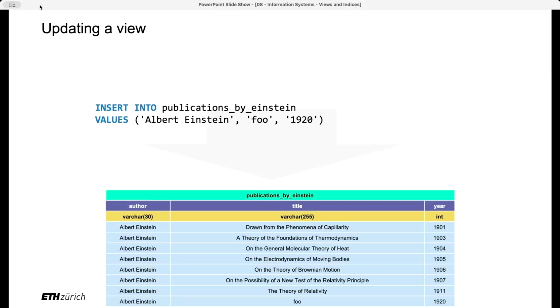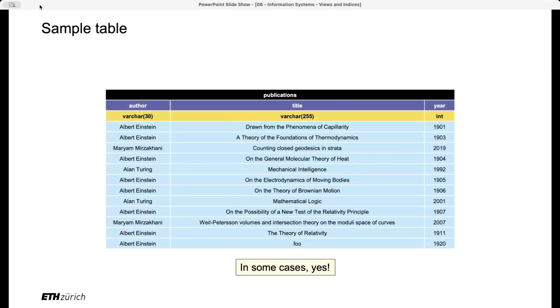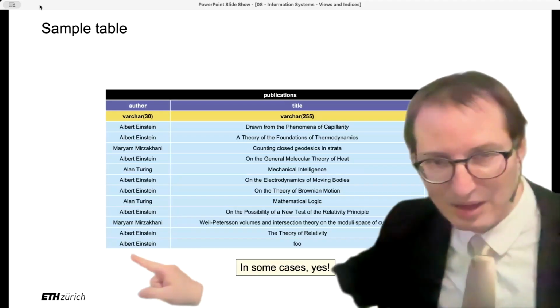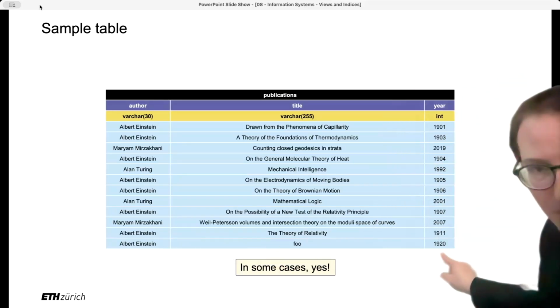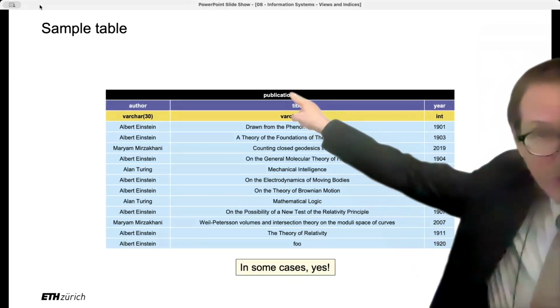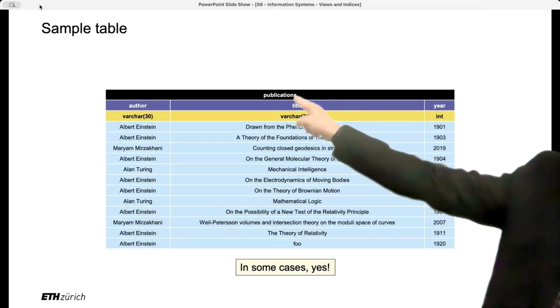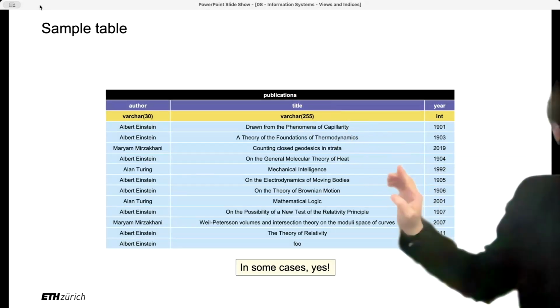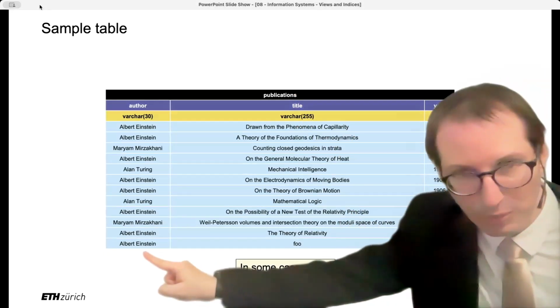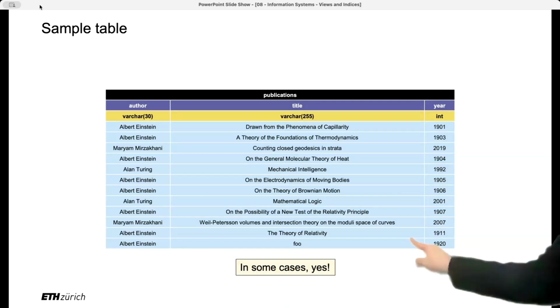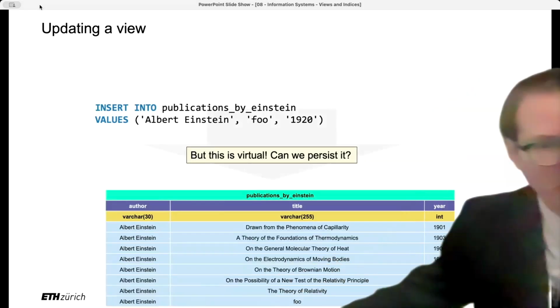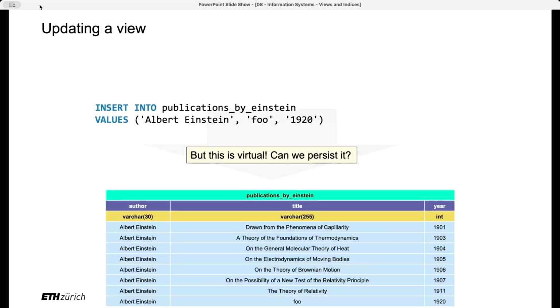What you're actually doing is that you insert something in the original data, the original table that the view was created from. So you basically add this Albert Einstein foo 1920 on the publications one, the one that is actually the original table. Do you agree that if I do this, then the view will make this appear? Do you agree with that?